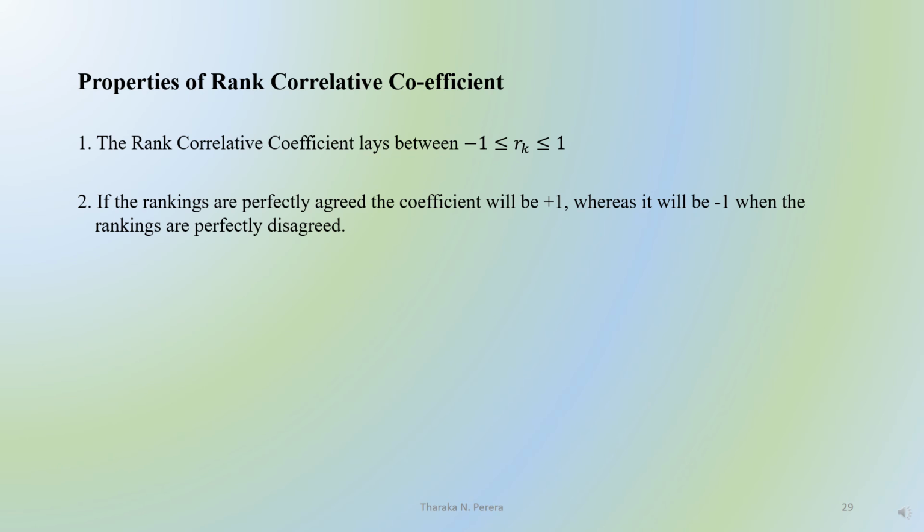Suppose all the ranks of people's votes are totally equal to all the ranks of the judges' marks. That means the judge's rank 1 is also the people's rank 1, and the judge's rank 2 is also the people's rank 2, and so on. In that situation, the rankings perfectly agree. The coefficient will be +1.